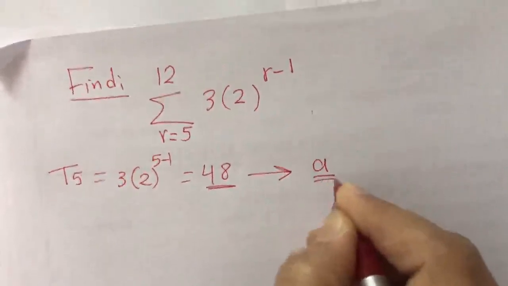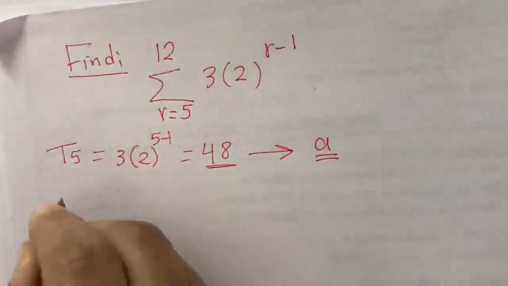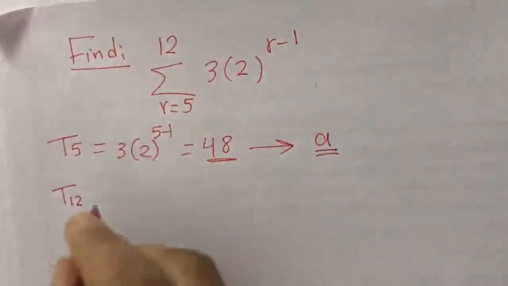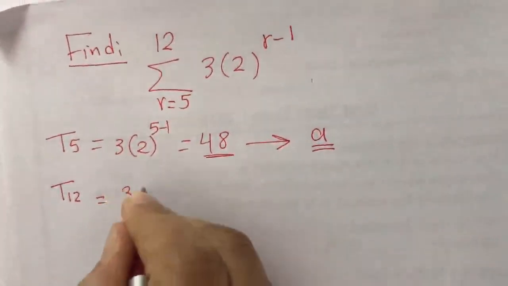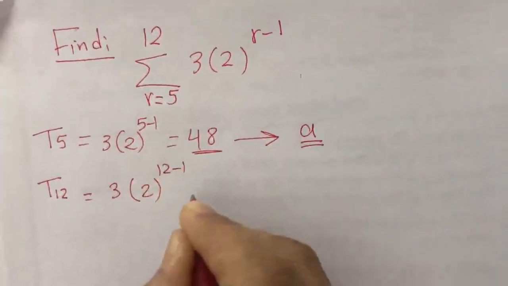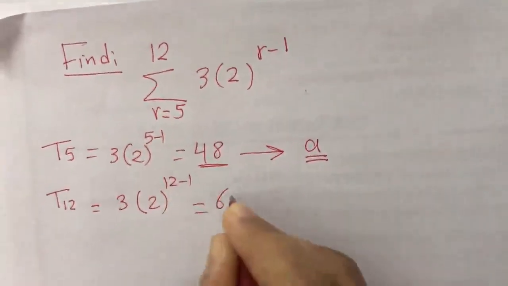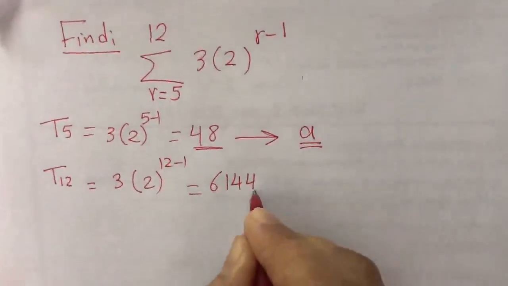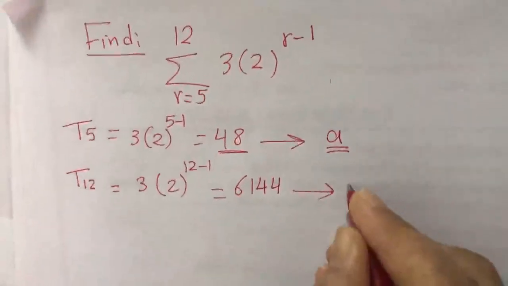So this is a. And T12, when I put 12 instead of r, will be 3 multiplied by 2 to the power of 12 minus 1. It will be 6,144. So this is the last term here.